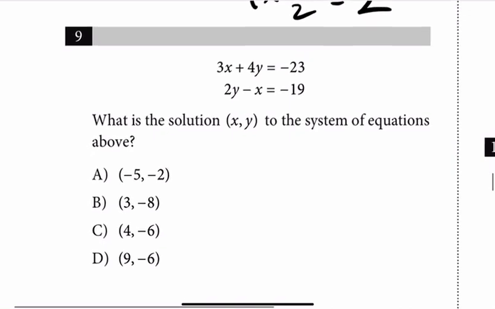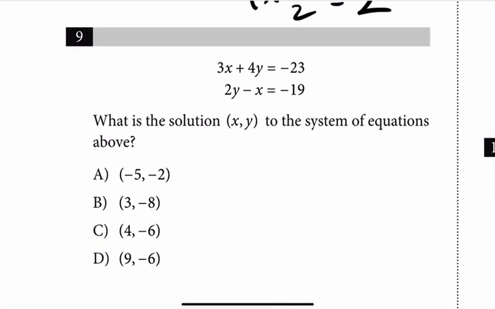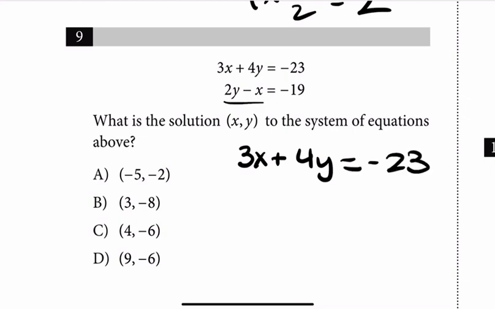All right, number 9. What is the solution xy to the system of equations above? Okay, so I'm just going to do elimination. I know that I can keep 3x plus 4y equals negative 23, but I'm going to multiply this bottom by 2 so that I can get 4y, so I can cancel out 4y.